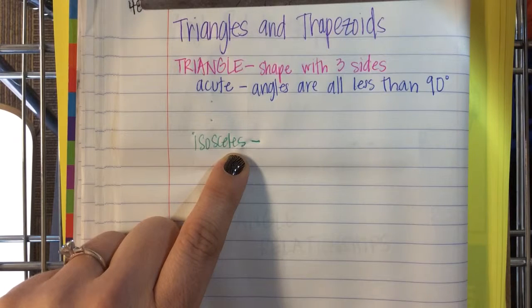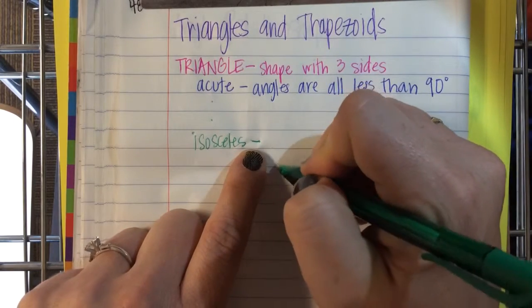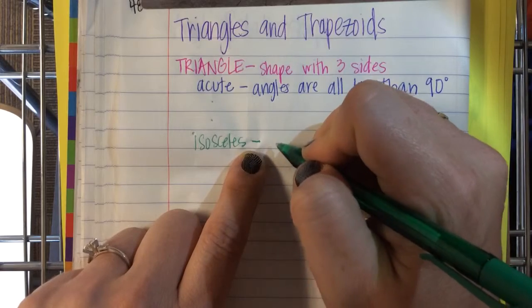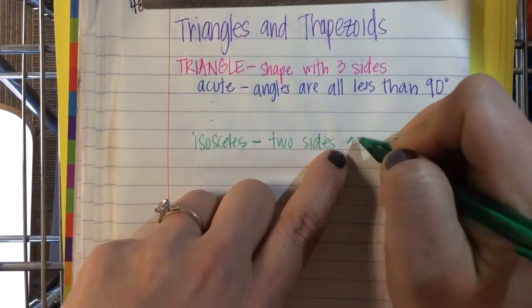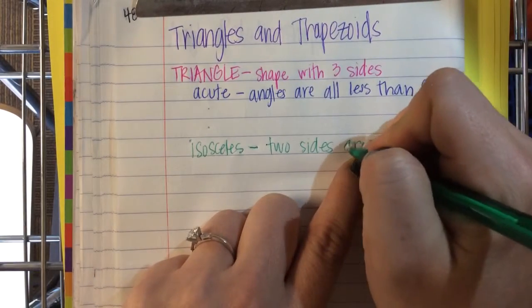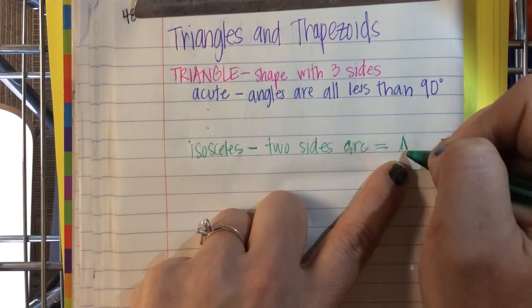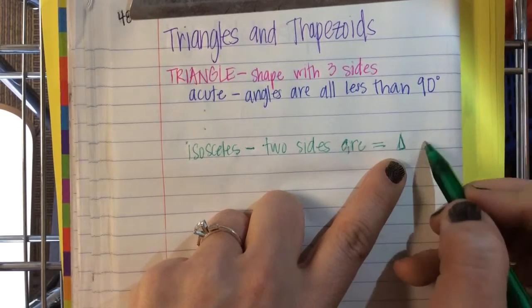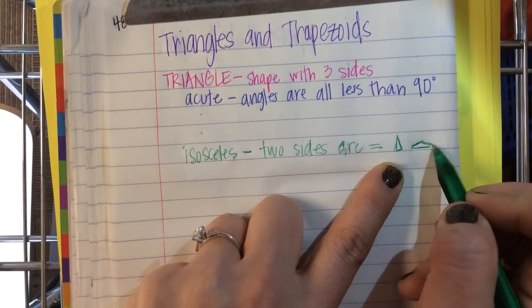They're tall and skinny, or they could be short and fat. How many sides are the same? 2 sides are equal. And I'll draw a picture. Tall and skinny triangle, or short and fat triangle.